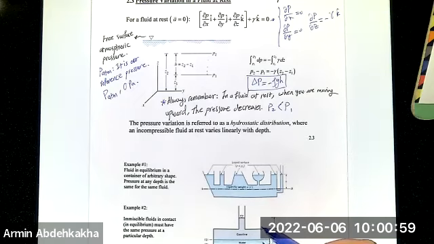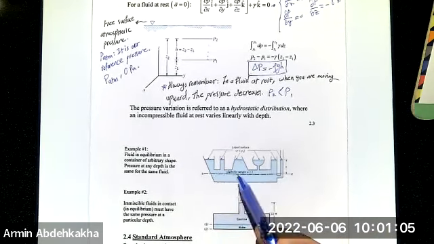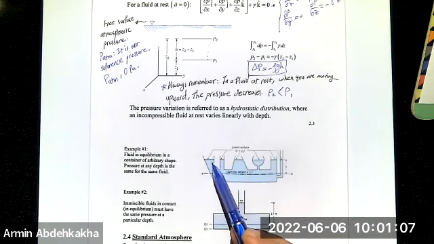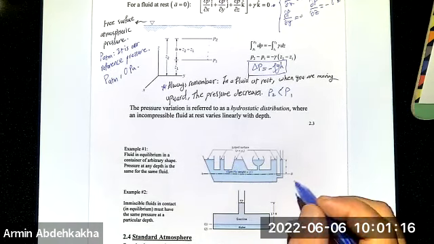So what's the meaning of that? What's the first example? You have different shapes, right? And the volume of the fluid in each of these bottles is different, but it doesn't matter.